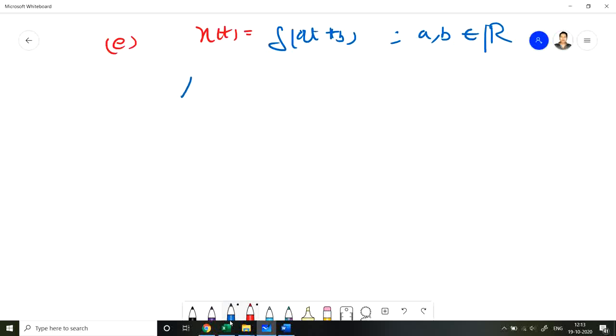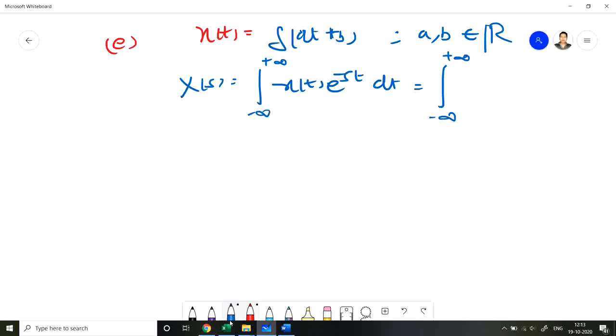Now we need to find out X(s). So X(s) is, according to the definition of the Laplace transform, the integral from minus infinity to plus infinity of x(t) e raised to the power minus st dt. So it is the integral of δ(at plus b) e raised to the power minus st dt.